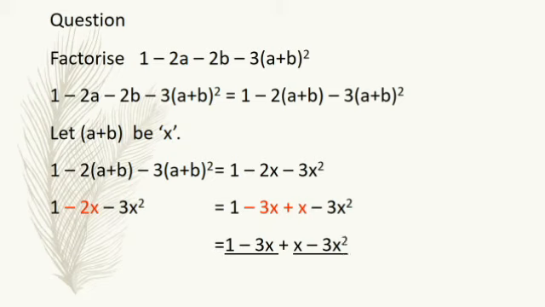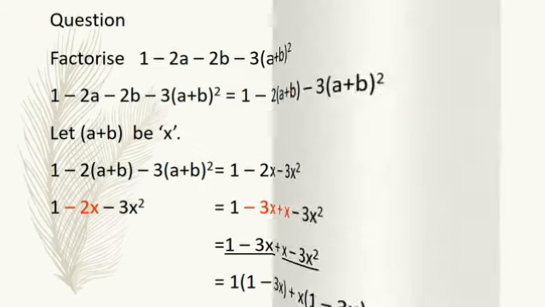In the last group, we have x as the common factor. By taking out the common factors from each group, we get 1 into (1 minus 3x) plus x into (1 minus 3x). Now, by taking out 1 minus 3x from both the groups, we get (1 minus 3x) into (1 plus x).